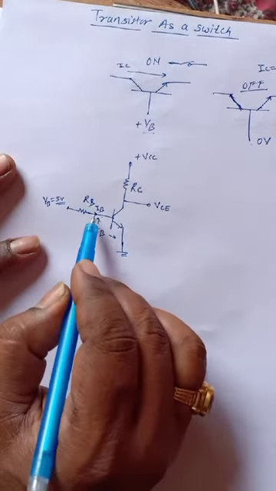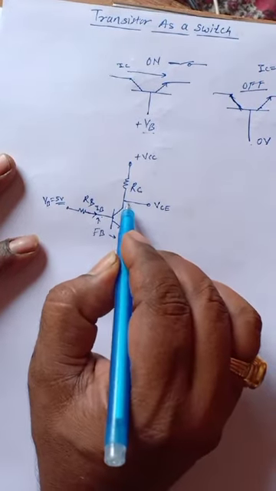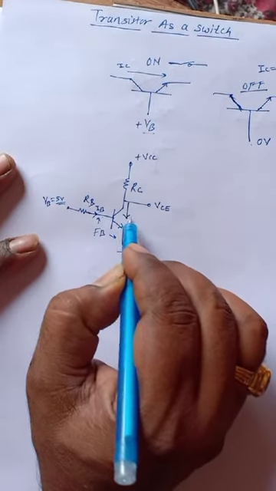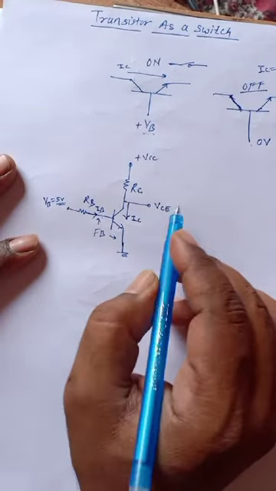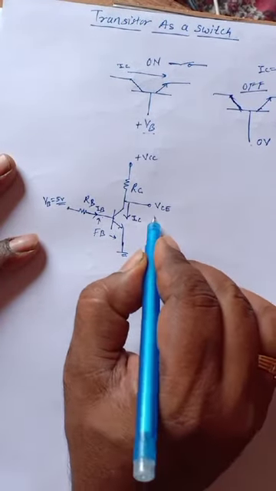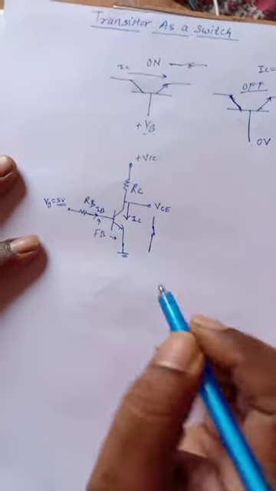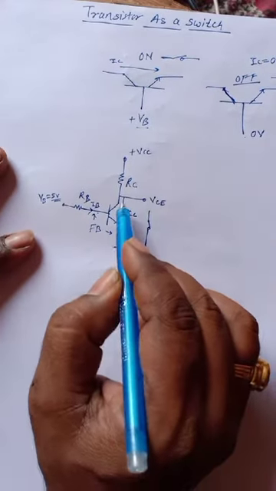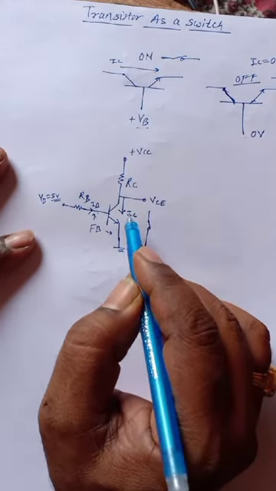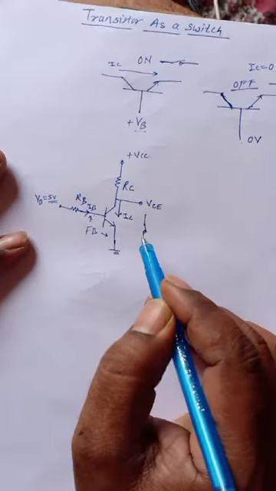As base current flows from base to emitter, the transistor will turn on and maximum collector current flows through the transistor, so it acts like a closed switch. It is the same as when we close a switch and current flows through the switch.